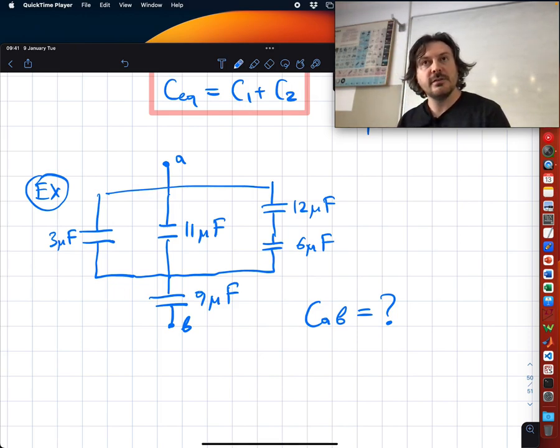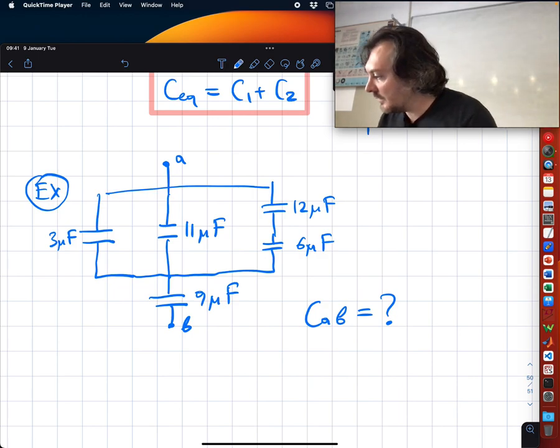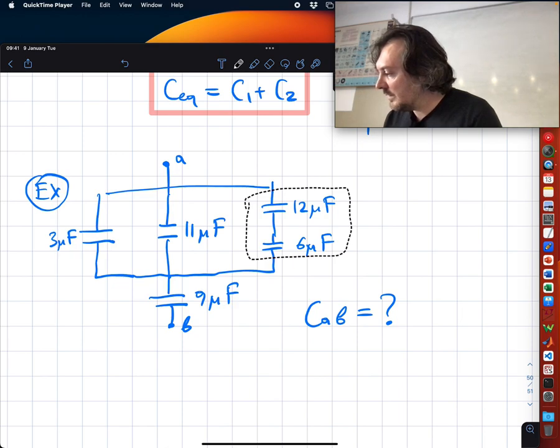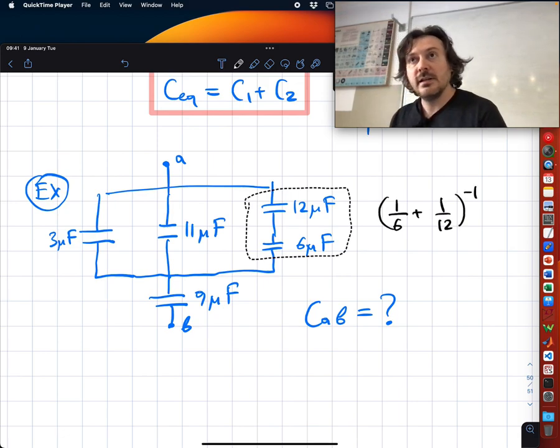Where would you start? I will start from the right side. Yes, so you do it for this one. It is 4 because you did 1 over 6 plus 1 over 12 and you inverted it. Çarp bölü topla.